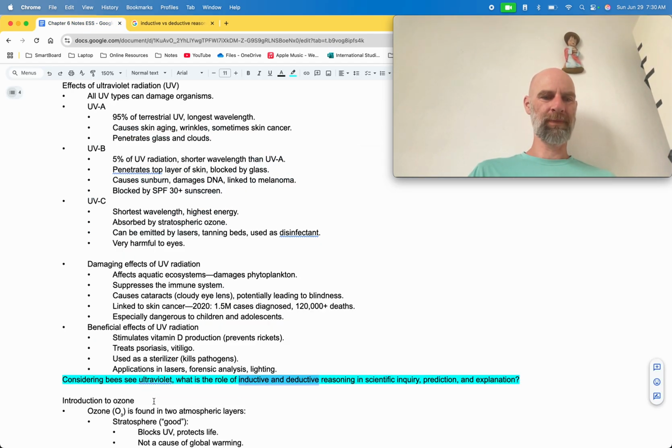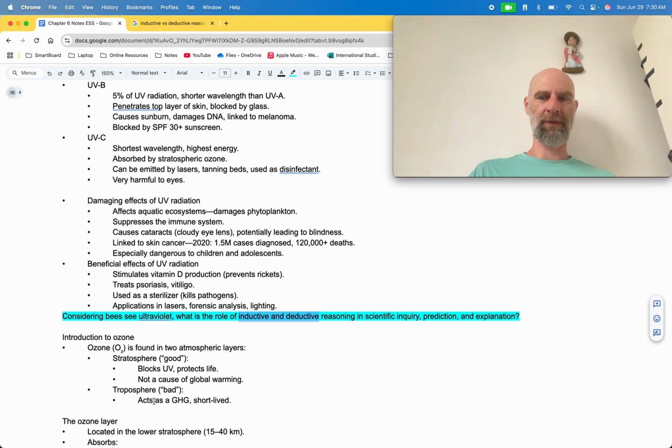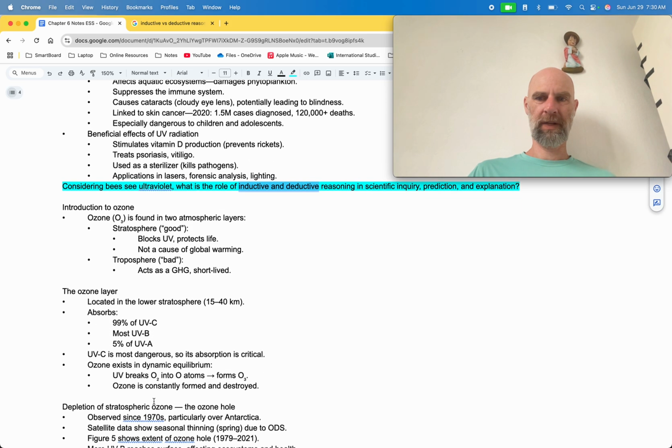Introduction to ozone. Ozone, O3, is found in atmospheric layers. You should know this too, by the way. IB will love throwing that onto an exam, I'm willing to bet, just to see who knows if O3 is ozone or not. So it's found in two atmospheric layers.